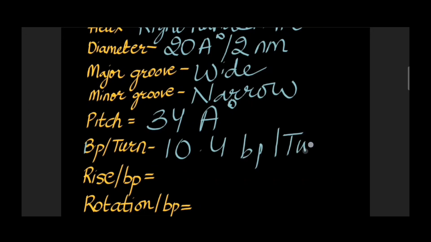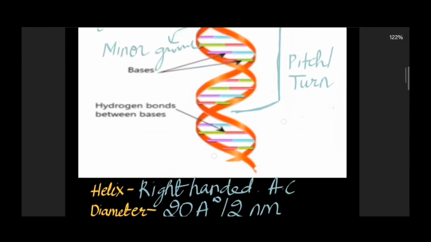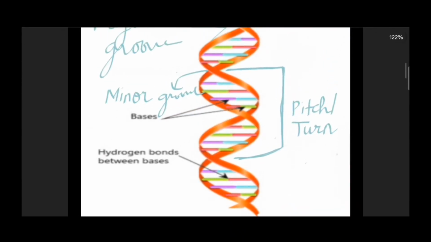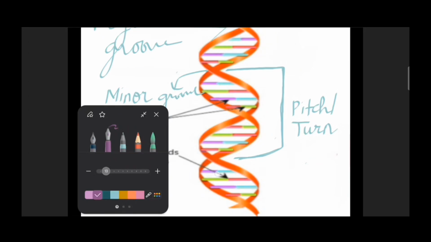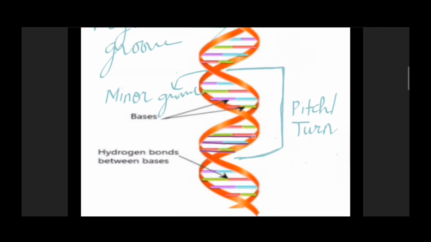Now what do you mean by base pair per turn? That means this is particularly one turn, right? This is one turn. Now how many bases are present in one turn? That means I'm going to count all the bases which are present, 1, 2, 3, 4, 5, 6, 7, 8, 9, 10, and then 0.4, right?